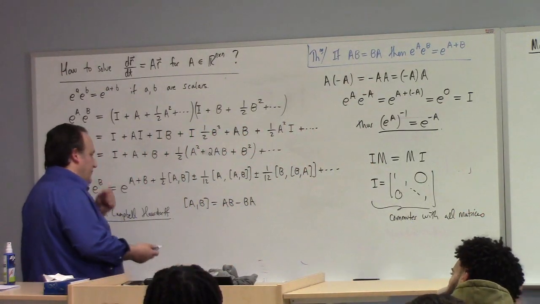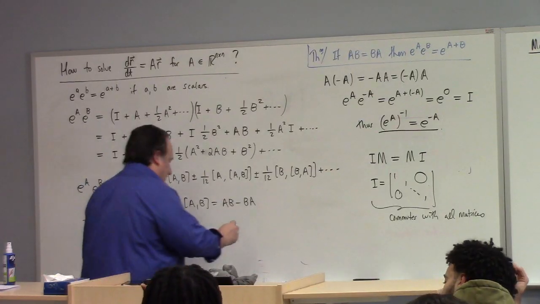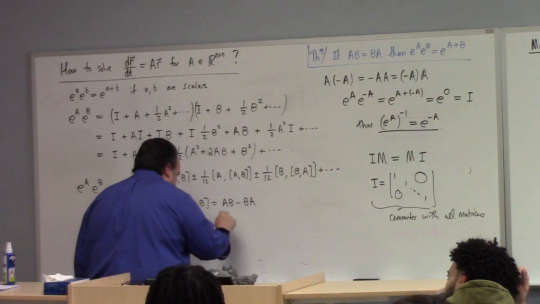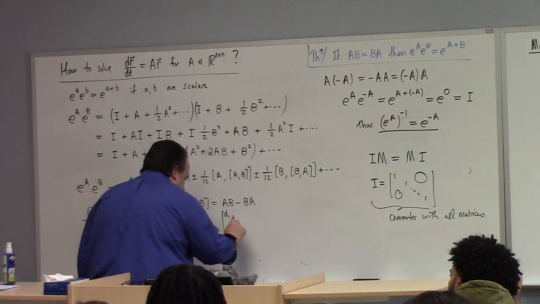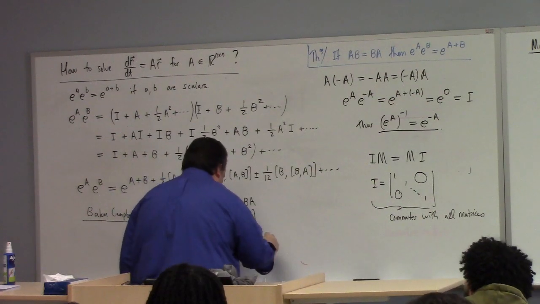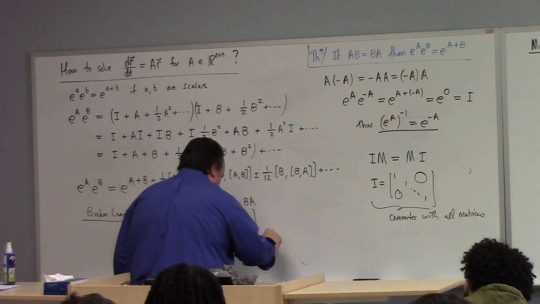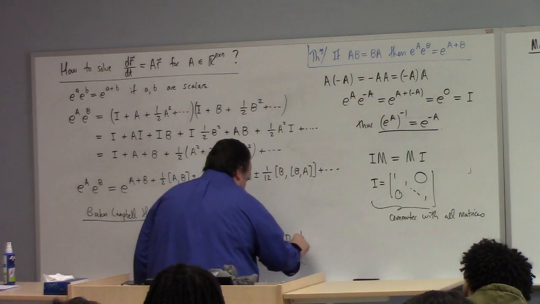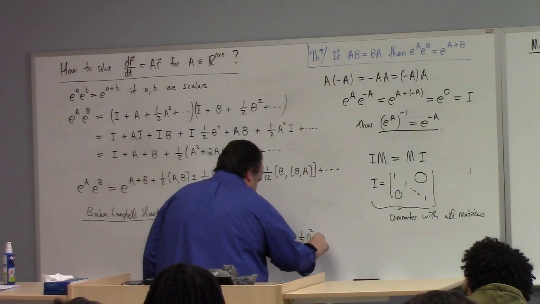Another thing it would be good for us to notice is that if we have e to a diagonal matrix D, well, that's equal to the identity matrix plus the diagonal matrix plus 1/2 the diagonal matrix squared plus dot dot dot.